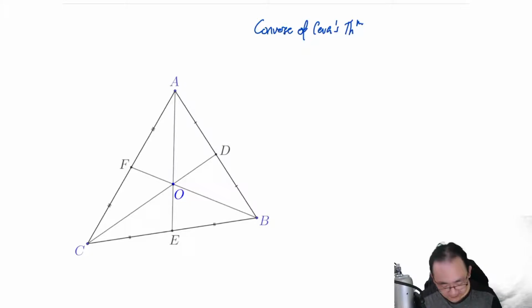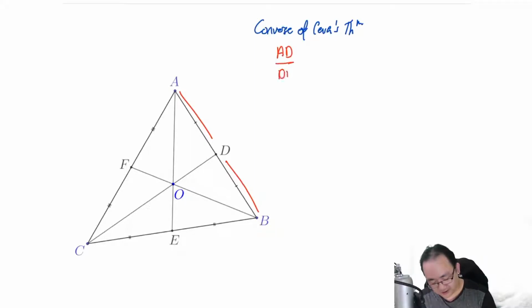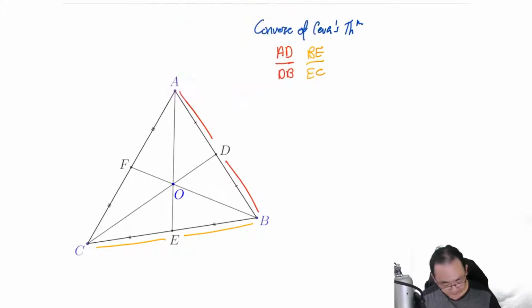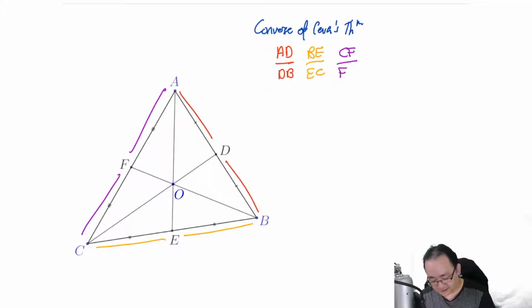So effectively, if you recall Ceva's theorem with respect to the ratio, you've got A to D and D to B, so we've got a ratio there, AD over DB, because that's how we do the ratio of the sides in Ceva's theorem. Then we've got B to E, E to C, so that's BE over EC, and the last one would be C to F, F to A, CF over FA.